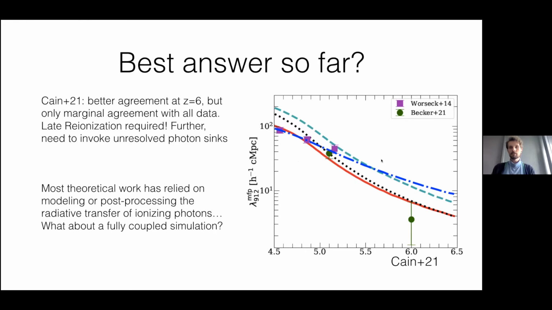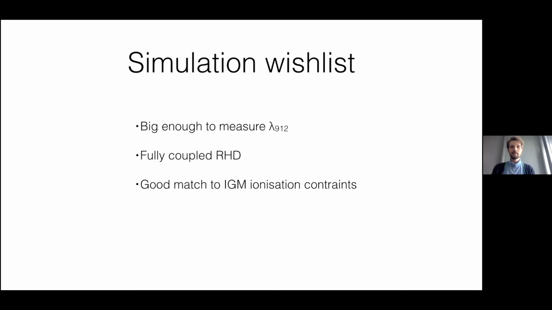So let's try and do that in a fully coupled simulation. Let's make a very basic wish list. We need it to be big enough to actually measure the typical mean free path. We want fully coupled radiative hydrodynamics, as I've just said, and we also want a good match to IGM ionization constraints because we want there to be a realistic reionization happening in the simulation box.